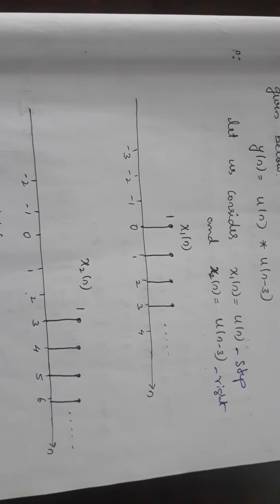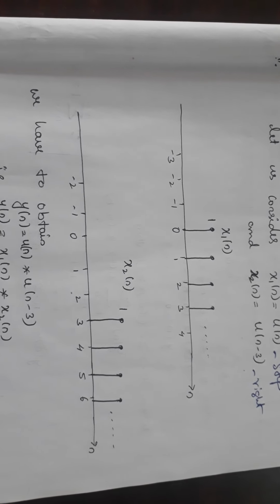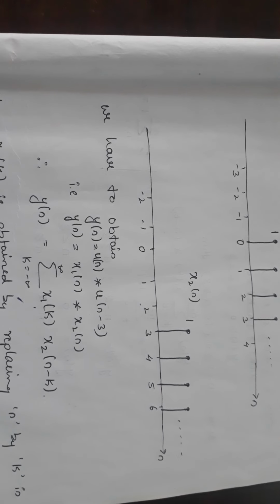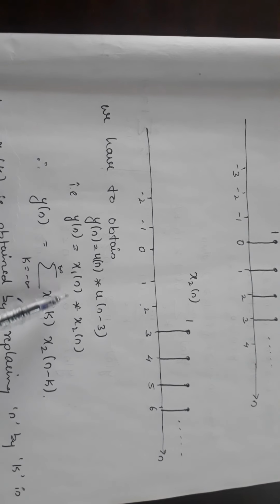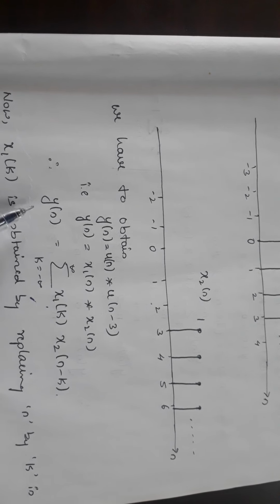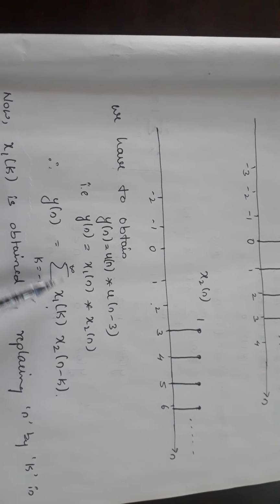Now we'll start solving with the formula. We have y of n equal to x1 of n convolution x2 of n. The standard convolution sum formula is given by y of n equal to summation k equal to minus infinity to plus infinity x1 of k into x2 of n minus k.